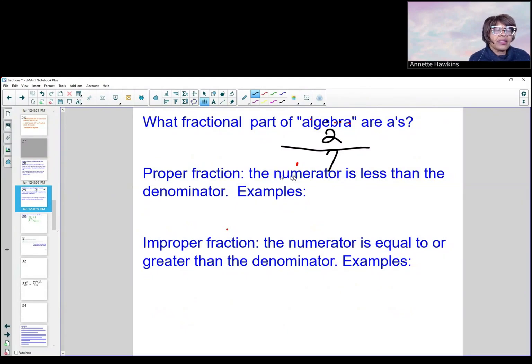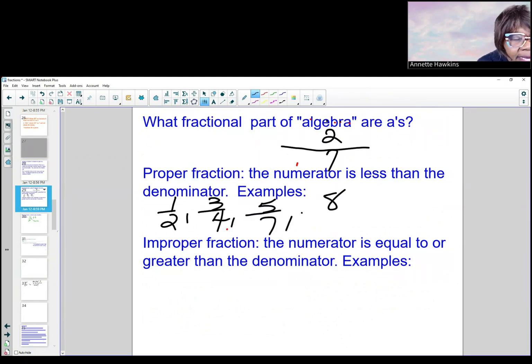Proper fraction. A proper fraction is when the numerator is less than the denominator. So here are some examples: 1/2, 3/4, 5/7, 8/9. Okay, these are proper fractions. Improper fractions: the numerator is equal to or greater than the denominator.